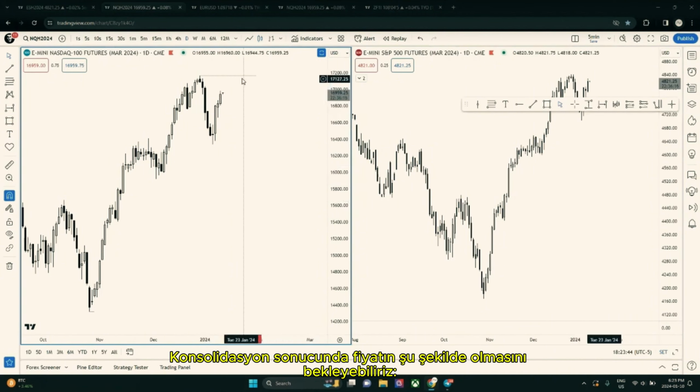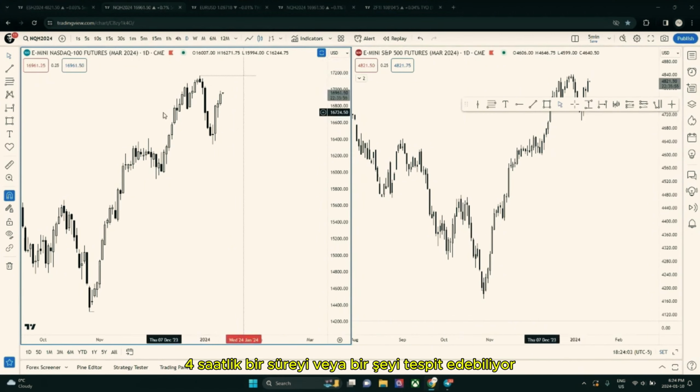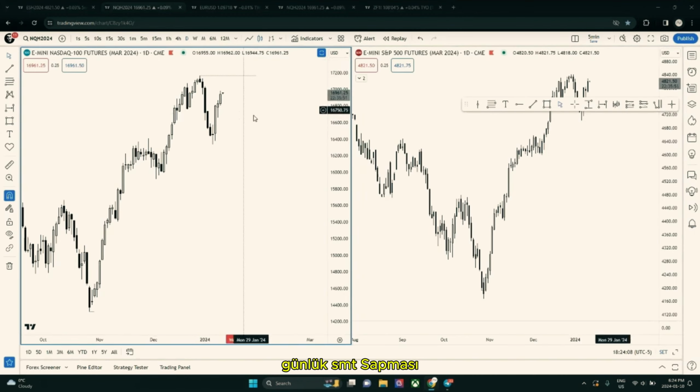We can expect price to pull back within this range, peak above this high, pull back again, until it forms proper buy side liquidity, which it should run above, and we should be able to spot either a 4-hour or a daily SMT divergence.